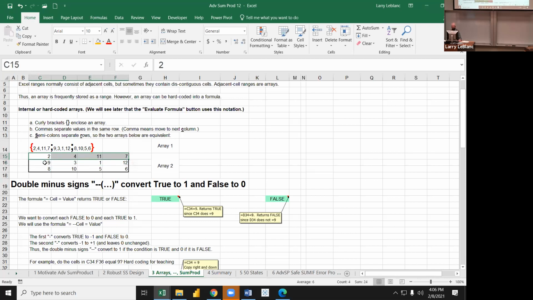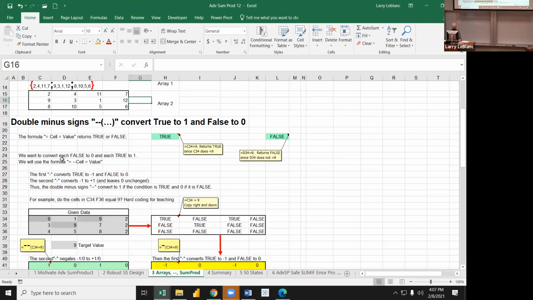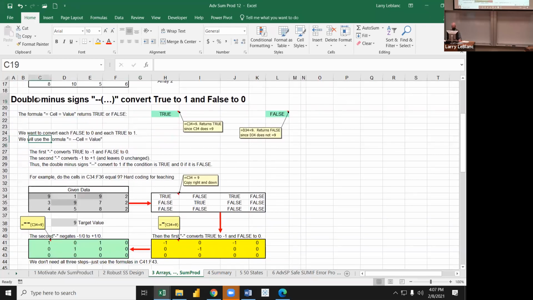The second row is 9, 3, 1, 12. The third row is 8, 10, 5, 6. Excel will write that as open curly brace, 2, 4, 11, 7, semicolon, meaning the end of the row. And then the next row is 9, 3, 1, 12, semicolon. Glance at that. And here I've already said this, converts true to 1 and false to 0.